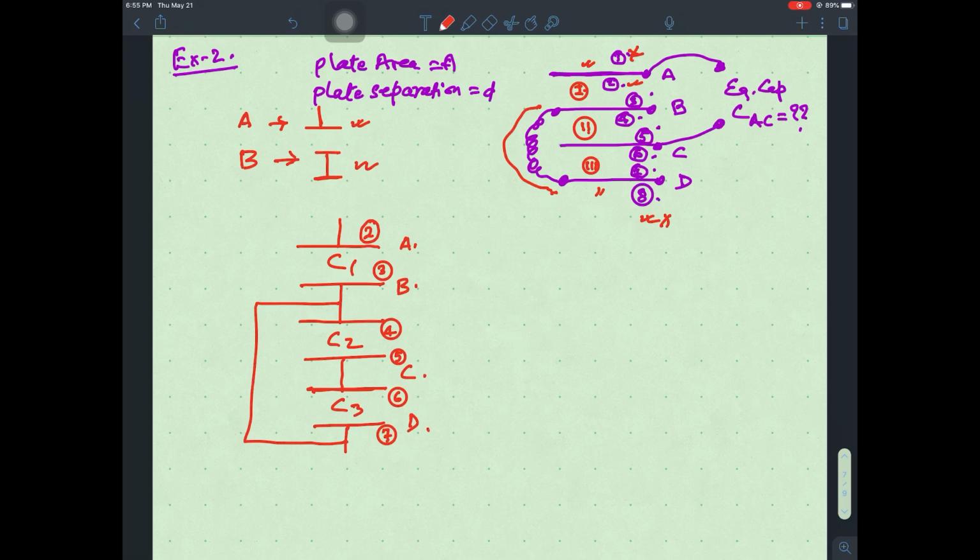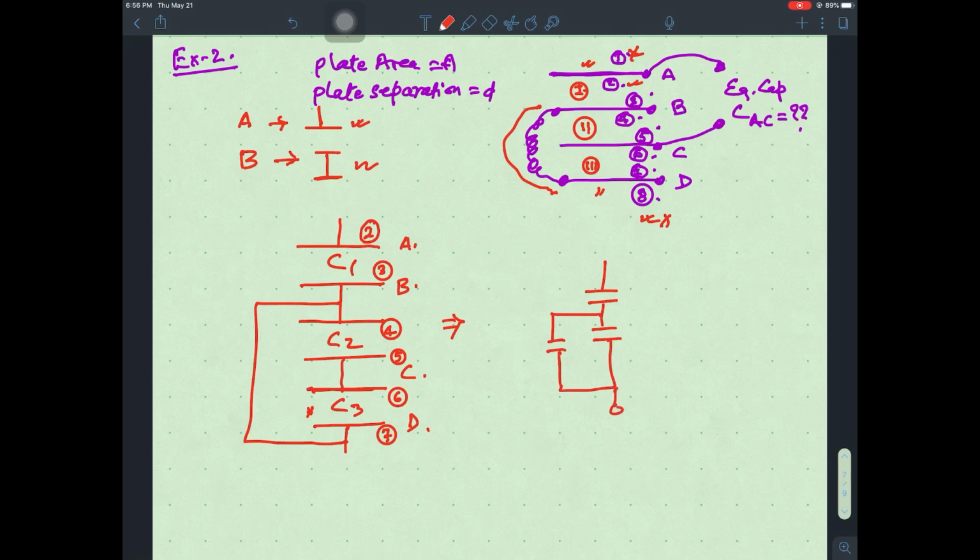Now you see, by this combination how are we getting it? Look carefully, this capacitor can be turned to this capacitor. So the equivalent figure will become in this way: the capacitor C1 is connected with C3, and C2 is connected here.